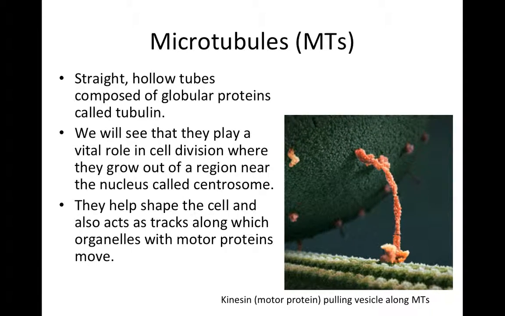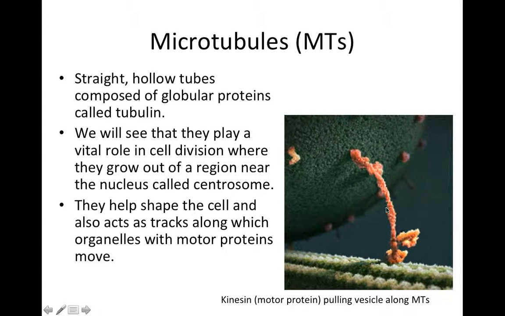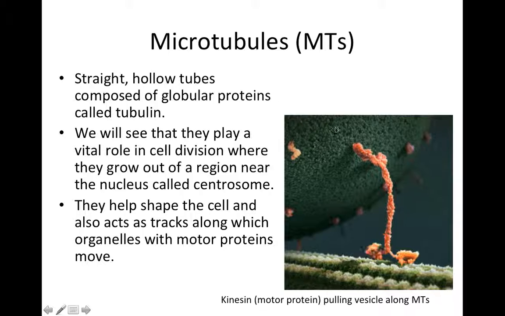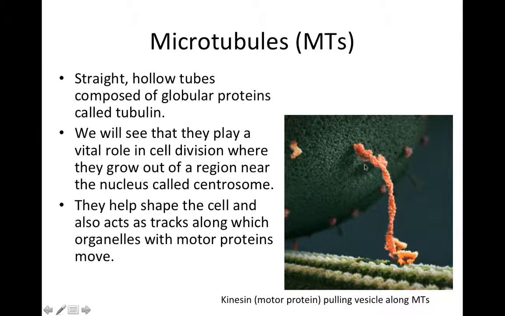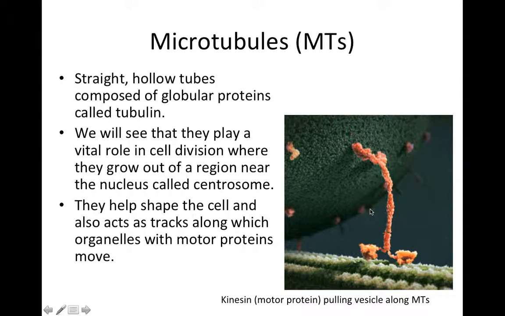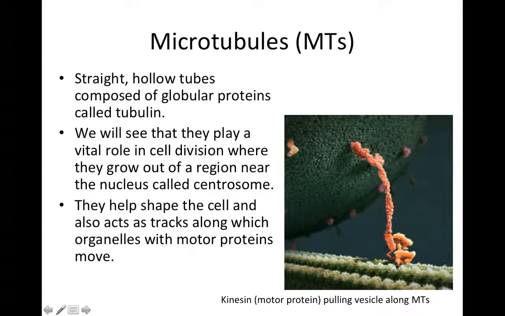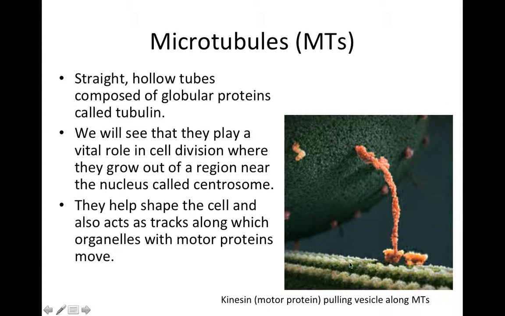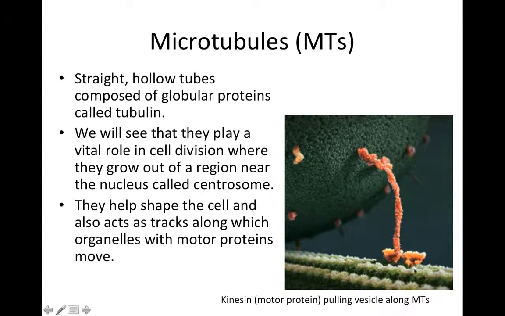And this is a fantastic little GIF image that I found that is demonstrating that. So we have here a transport vesicle, for example. This is a motor protein known as kinesin, and it is walking along a tubulin track, or a microtubule.